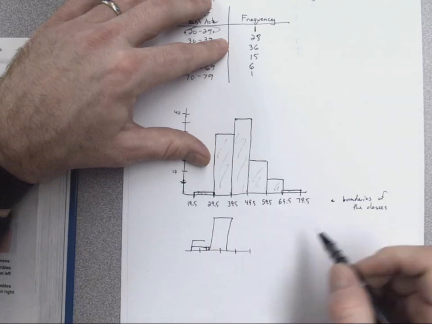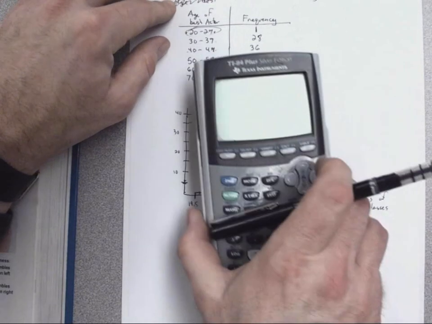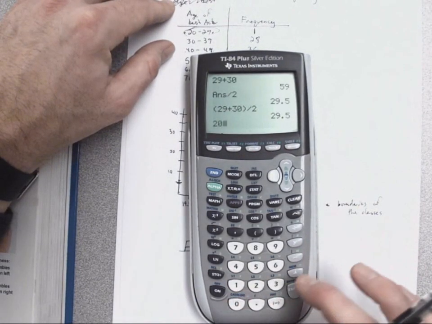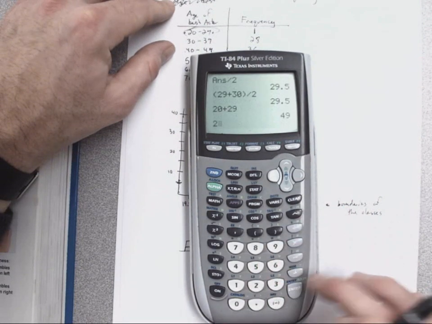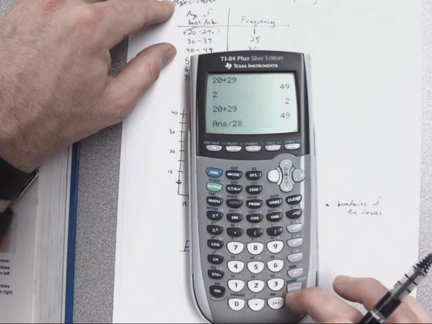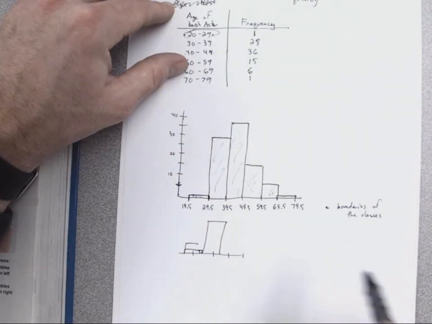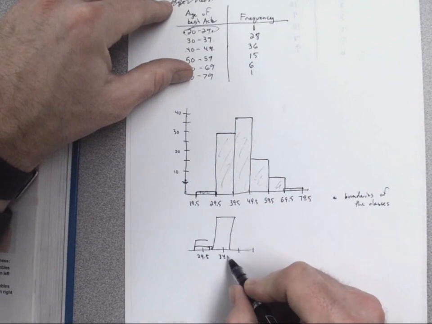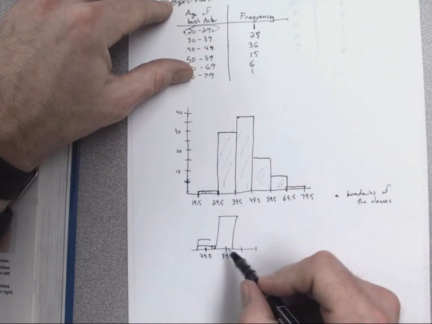If you want to find the midpoint between 20 and 29, you just average 20 and 29. So 20 plus 29, enter, divided by 2. You're going to see it's 24.5. So you could have used the midpoints, and that would have been okay.